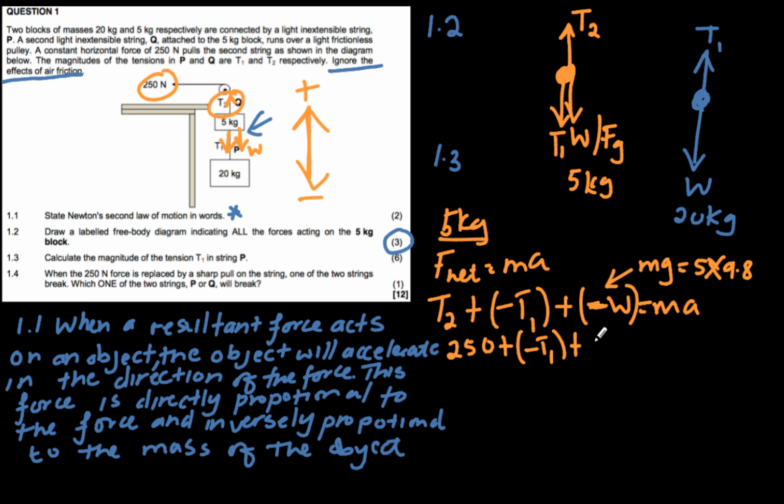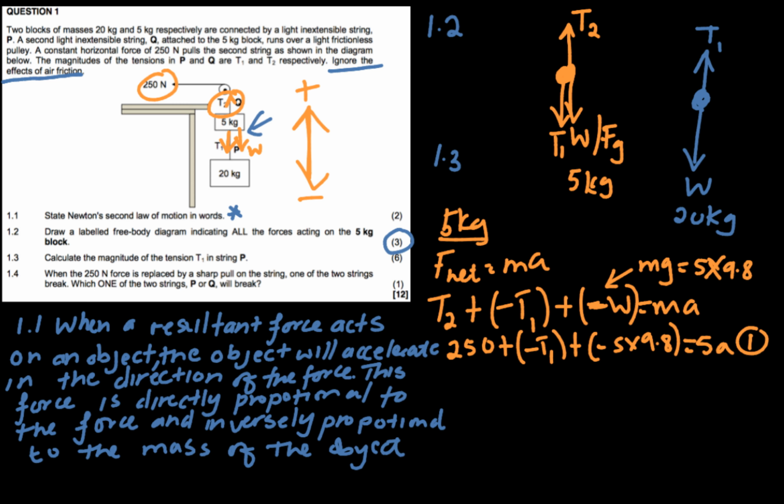So it's going to be minus 5 times 9.8 is equal to 5 times A. If we simplify this, it will give us our equation 1.